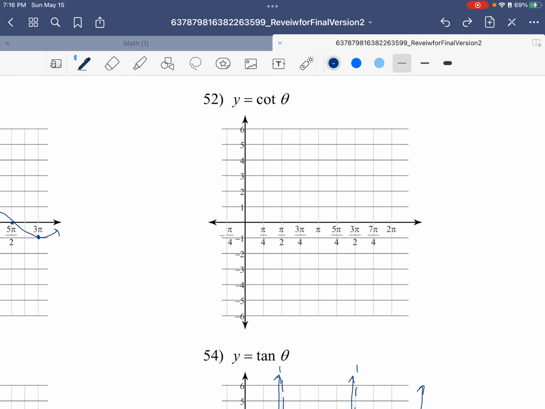So we know that the period is 2 pi, and for tangent, if there's no transformation, just the parent function, there would be an intercept, a point, at 2 pi. For cotangent, instead it's going to be a vertical asymptote.